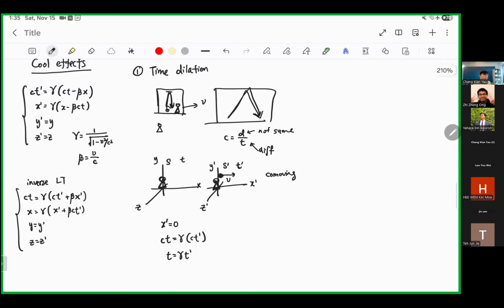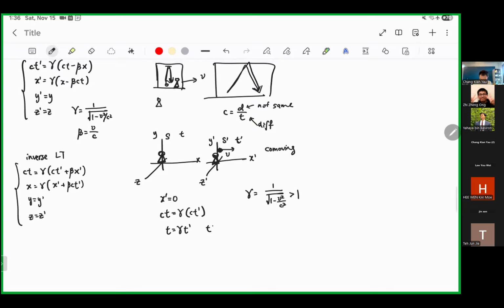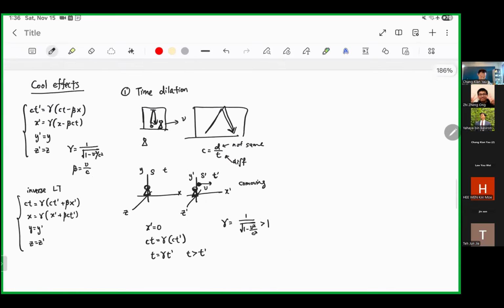What it means is that an observer in S will see a longer time, because gamma is 1 over the square root of 1 minus v squared over c squared. You can check that it's larger than 1 because v can't be larger than c. So the square root is a fraction, and if you divide 1 by a fraction, you get a number larger than 1. So t is larger than t prime, and this is what we call time dilation.